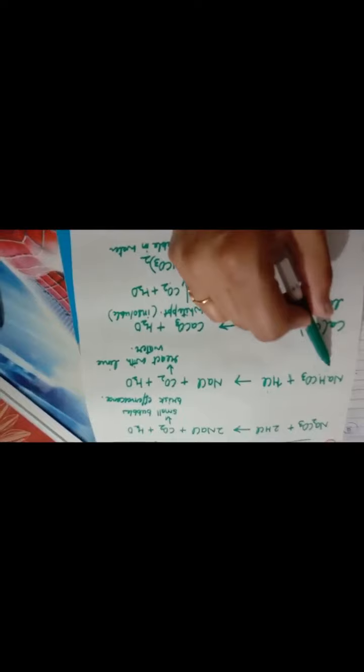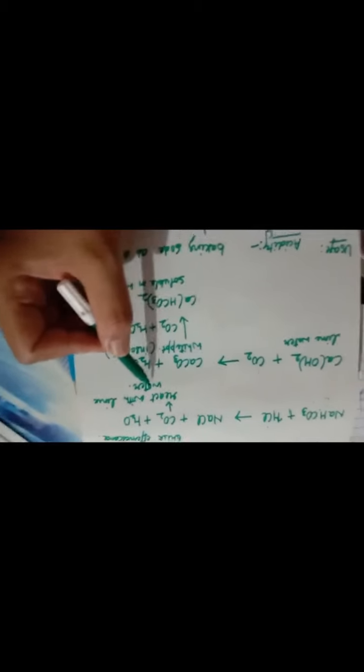So sodium hydrogen carbonate reacts with HCl. Where is HCl? It is in our stomach. So this is a stomach acid HCl that reacts with sodium hydrogen carbonate, as we have done, to produce carbon dioxide gas. So sodium hydrogen carbonate neutralizes the effect of this acid and we feel better.